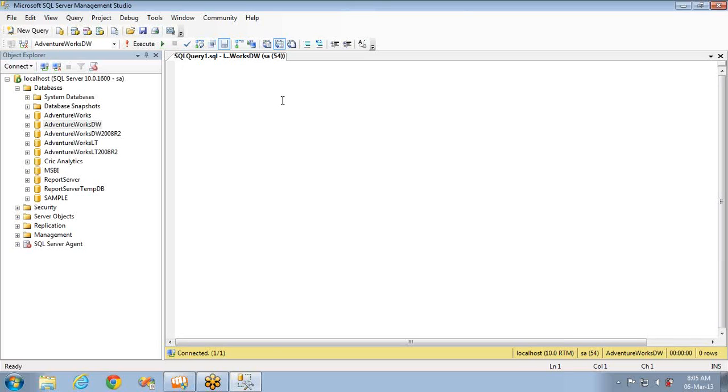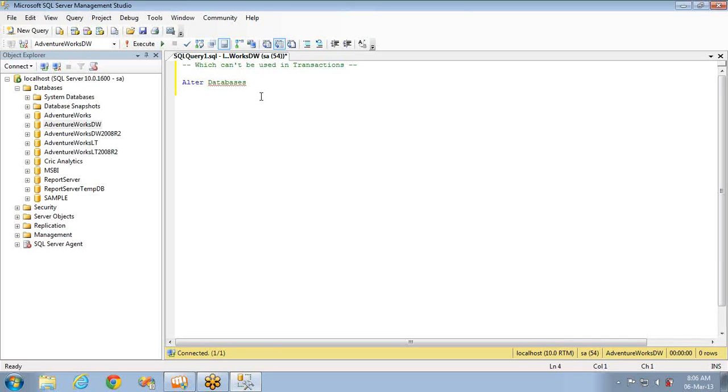Okay, now let's start. We discussed transactions. We can write any kind of Transact-SQL statement in a transaction. But there are a couple of statements which cannot be used in transactions.